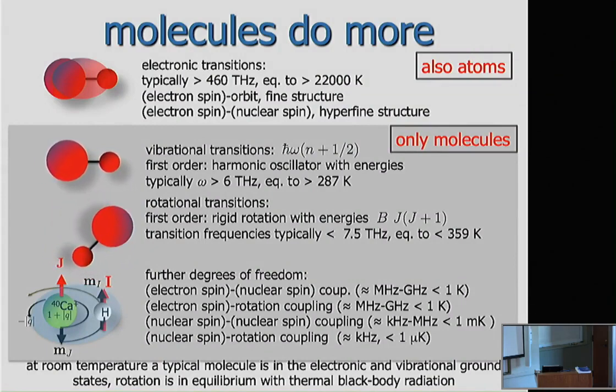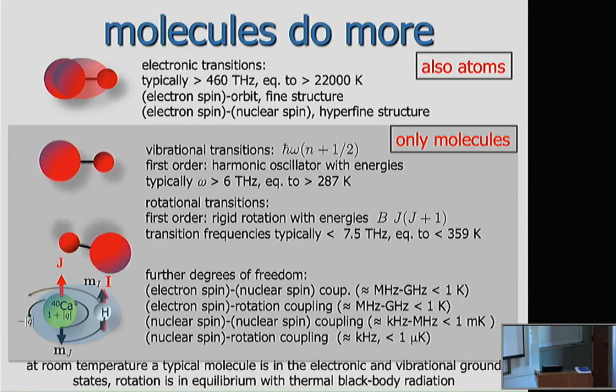In atoms we have electronic transitions and we have fine structure and hyperfine structure couplings. In molecules we have a lot more degrees of freedom. There's the vibration, and also the vibration in the trap. So there's the vibration, there is rotational degrees of freedom, and then these nuclei can have spins.